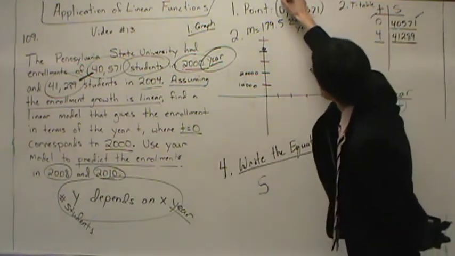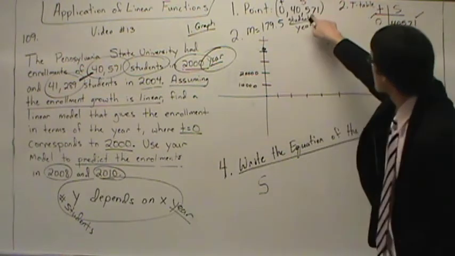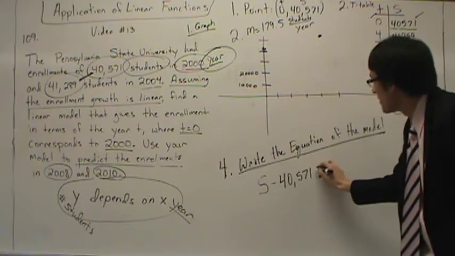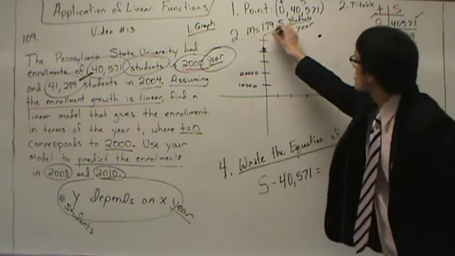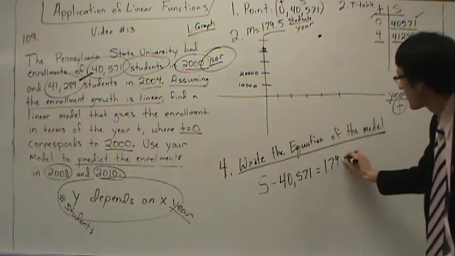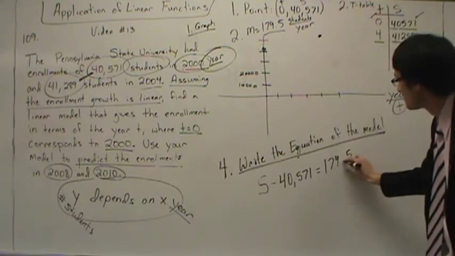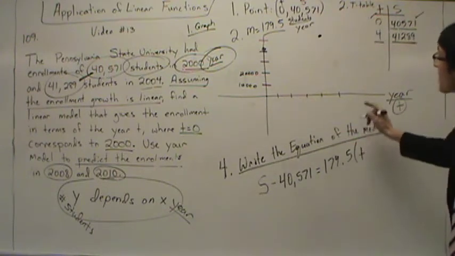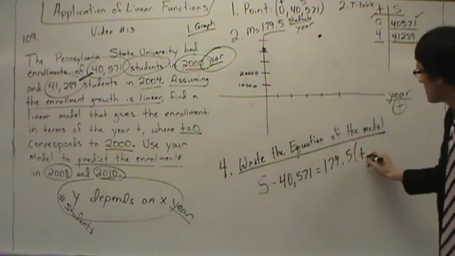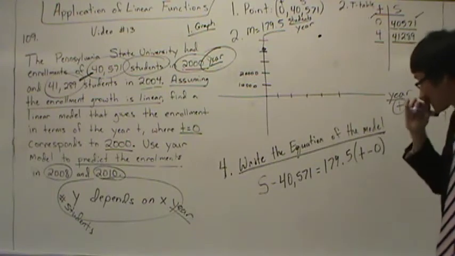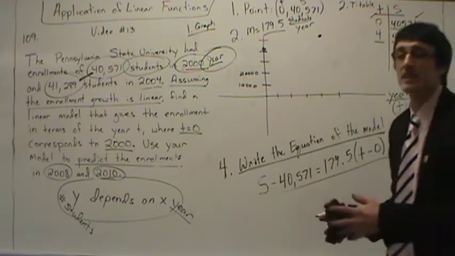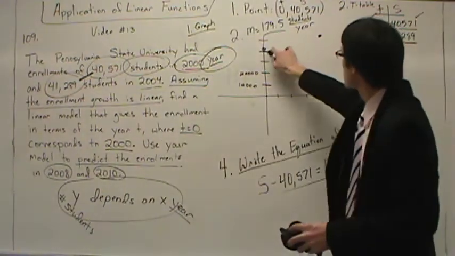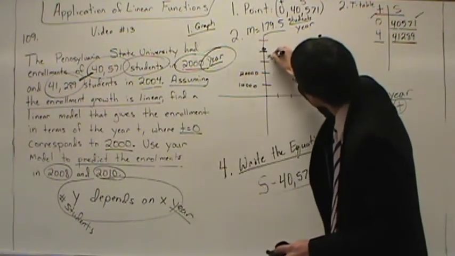Remember, this is t, this is S. The S value of our point is 40,571, so S minus 40,571 is equal to our slope, 179.5, times the quantity, not x, we're using variable t. So t minus the t value, which is 0: t minus 0. This is the equation of the linear model that we have not even graphed yet. Reminding you, what are these 2 points representing? These 2 points are representing measurement.